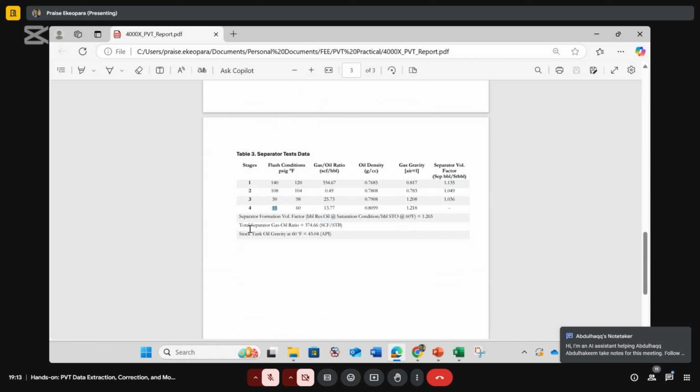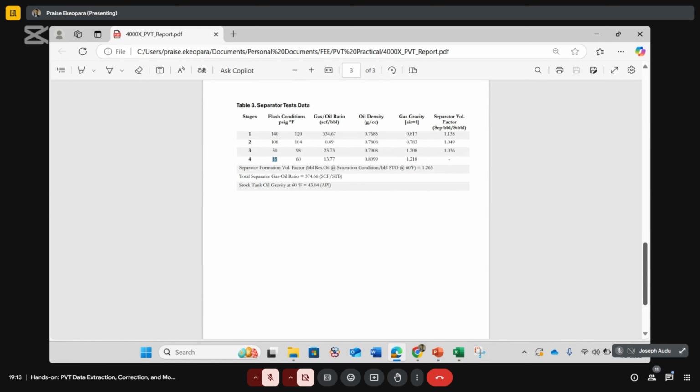Okay. Then you have the total separator gas oil ratio. All this information is key. We actually will be making use of them, right? So after seeing this, there are some other tables you can have, things around molecular composition experiment data, whereby you are seeing the individual components of our fluid, our crude oil.